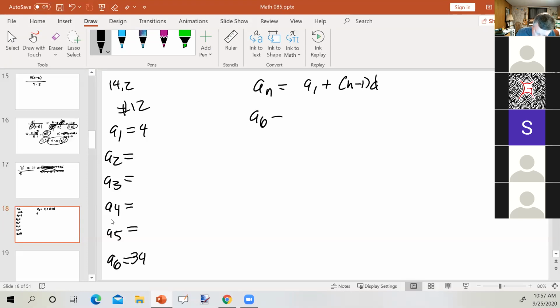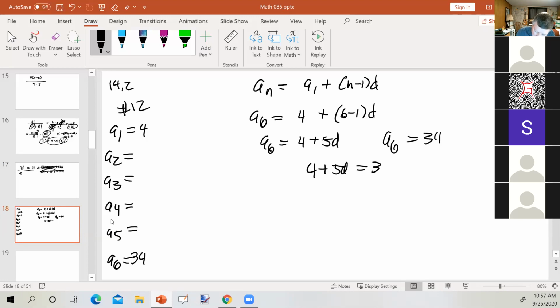A sub 6 would be a sub 1, which is 4, plus the quantity 6 minus 1 times d. A sub 6 equals 4 plus 5d. But a sub 6 also equals 34. So 4 plus 5d equals 34. Subtract 4. 5d equals 30. Divide by 5. d equals 6.